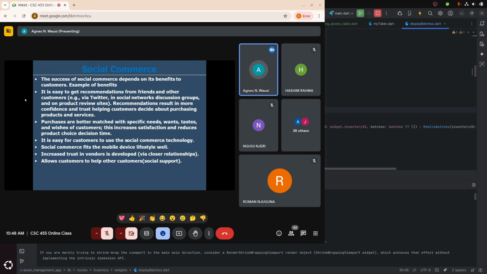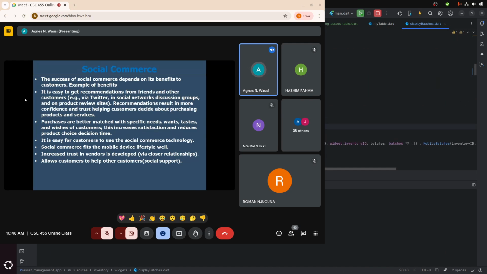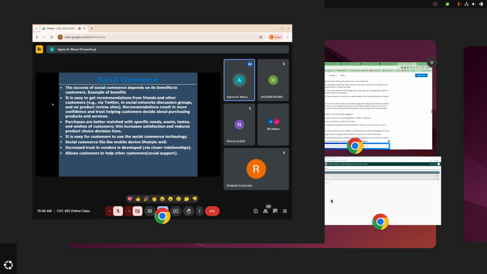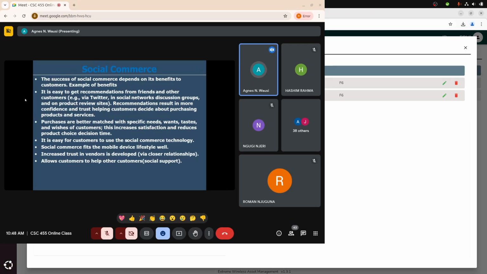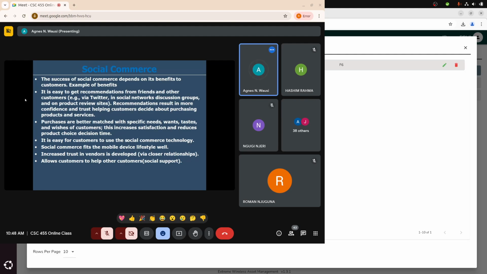And so when you buy what you really want, fitting your needs, fitting your wishes, it increases your own satisfaction. And that means you have taken a little bit lesser time to make a decision on what you wanted to buy.